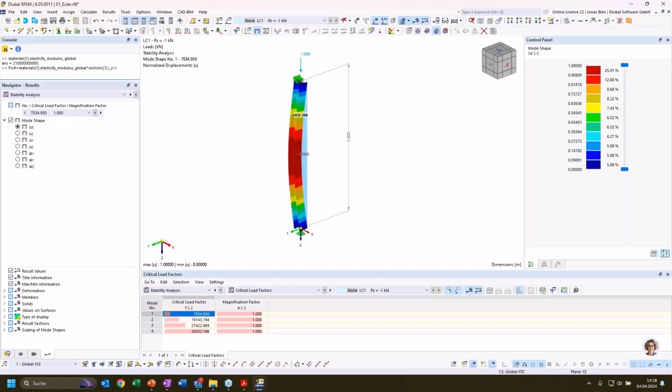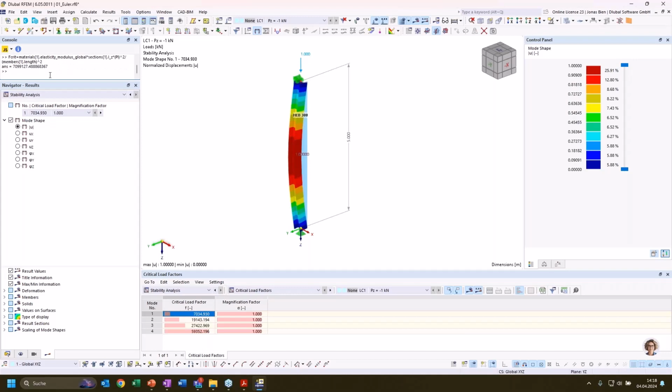Then I multiply it with pi to the power of 2 and divide it by the length of the member. This is member number 1. You can also access this here. And of course, I have to also square this.